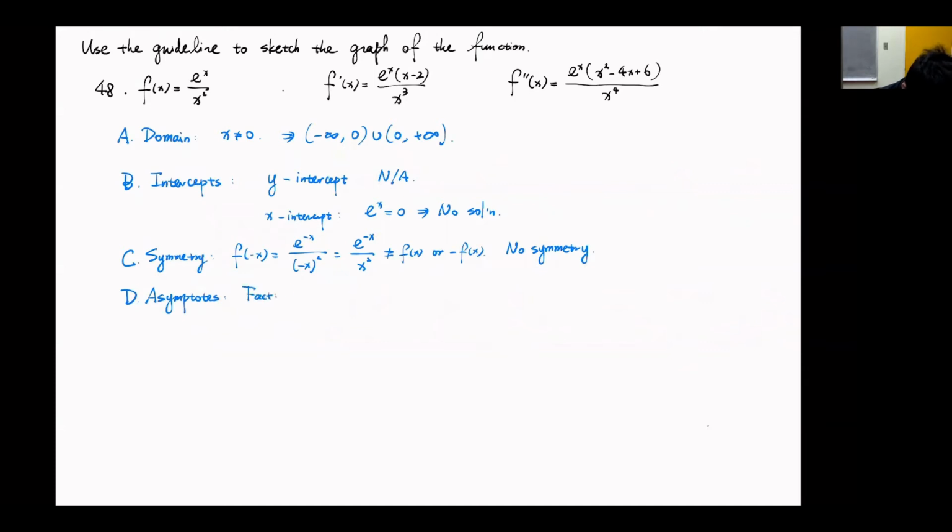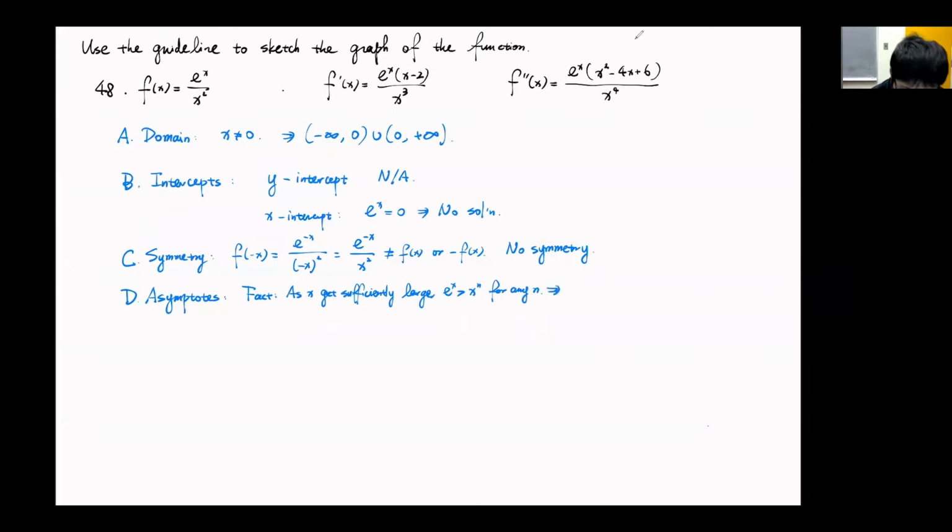As x gets sufficiently large, e to the x will be larger than x to the n for any n. This basically says that an exponential function grows faster than any polynomial function.